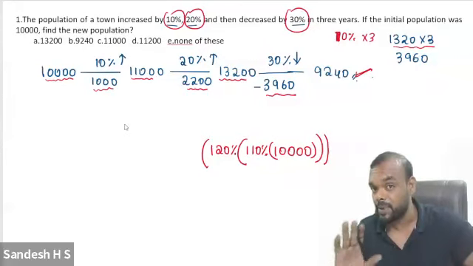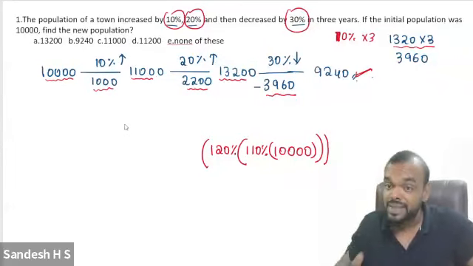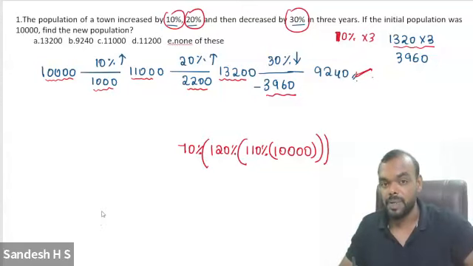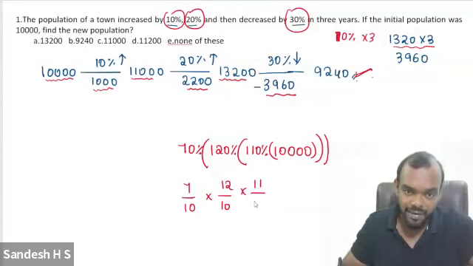Decreased by 30% means what happens? Originally it is 100%. Decreased by 30%, guys. 70%. It was 100%, decreased by 30% means it will become 70%. Now this can be written as 7 by 10. 120% is 12 by 10. 110% is 11 by 10.